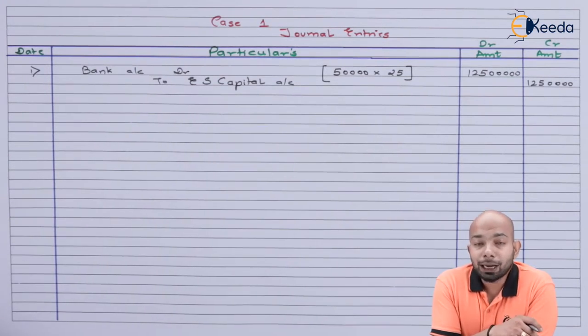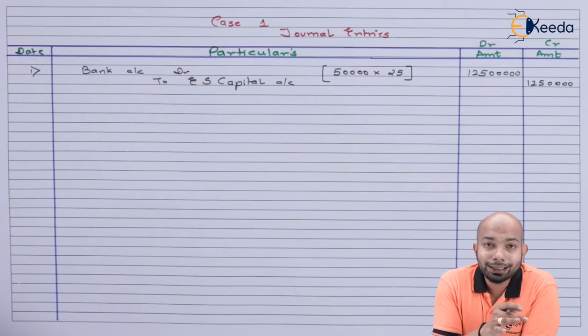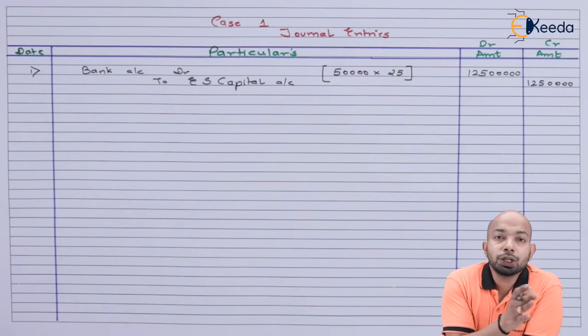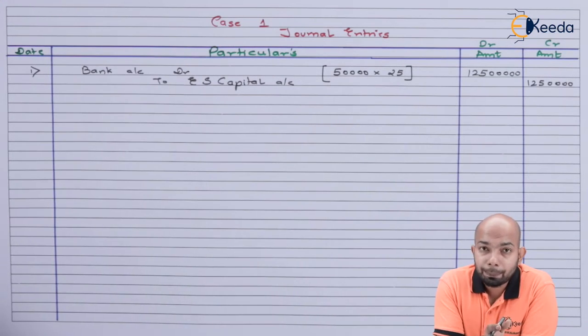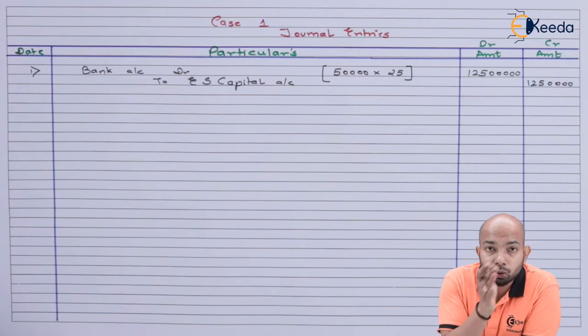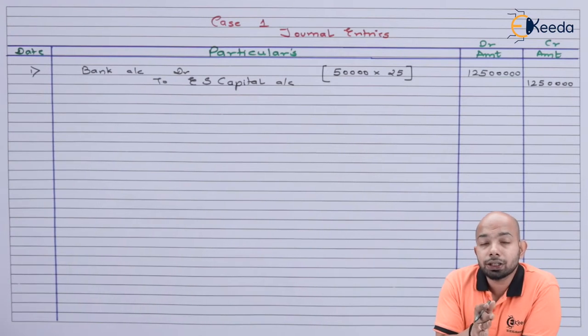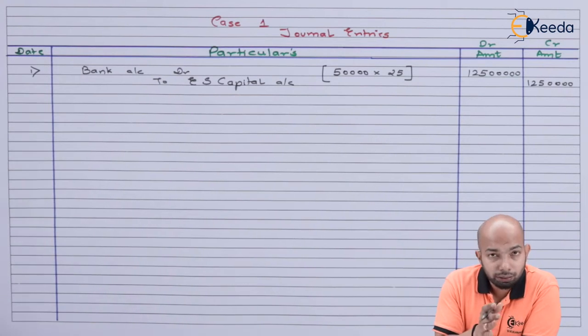Now, the entry that we have passed here is the combined entry. To give you a bifurcation of this entry, the due entry will be equity share application to equity share capital account, and the receipt entry will be bank account debit to equity share application account. So here application and application both get cancelled out. Let me show you how.